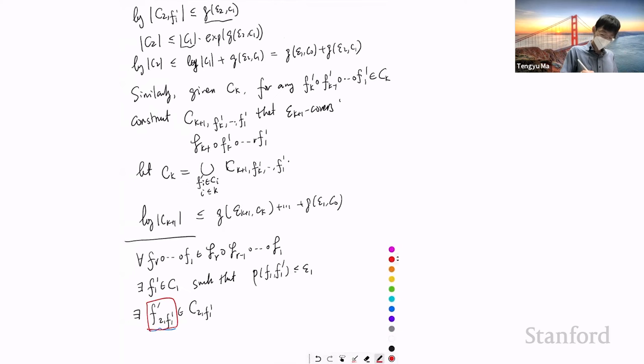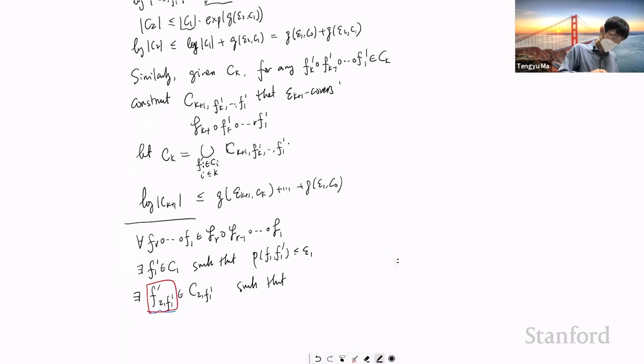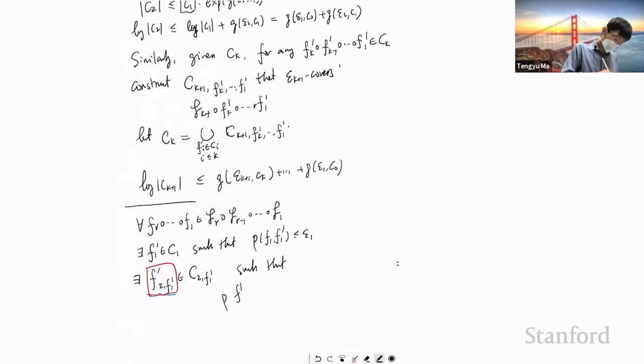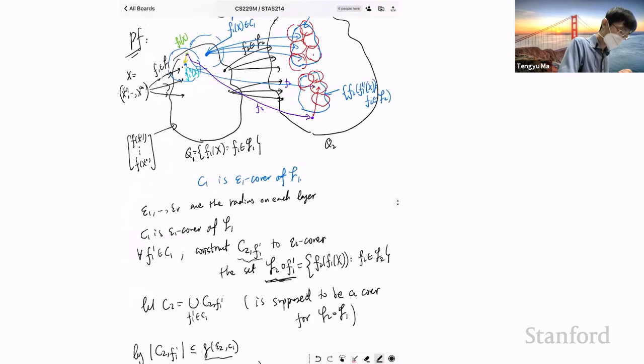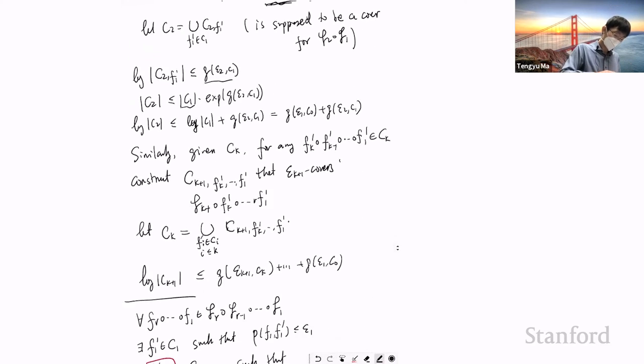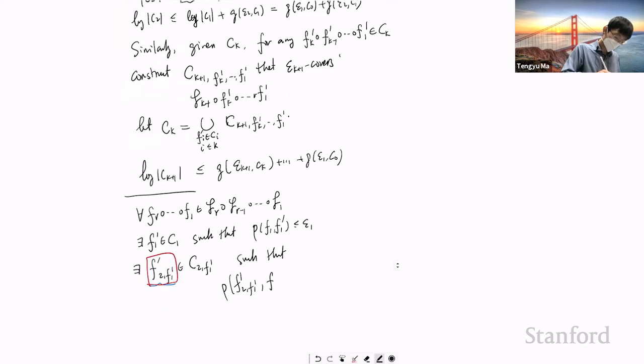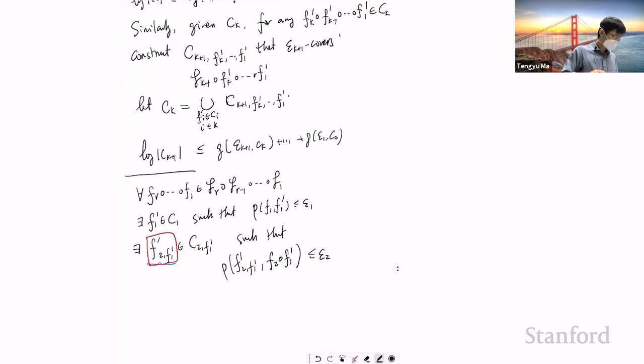So it's in this cover such that rho of F2, F1 prime is close to the blue point. What's the blue point? The blue point is F2 composed with F1 prime. This is less than epsilon 2.